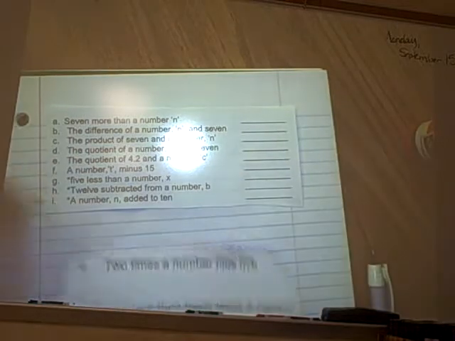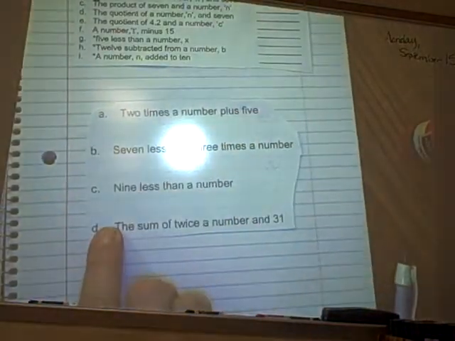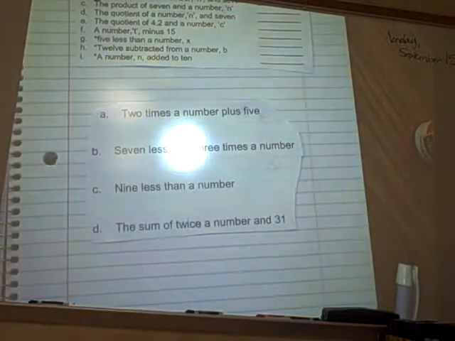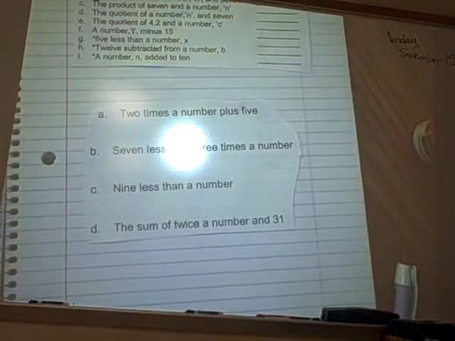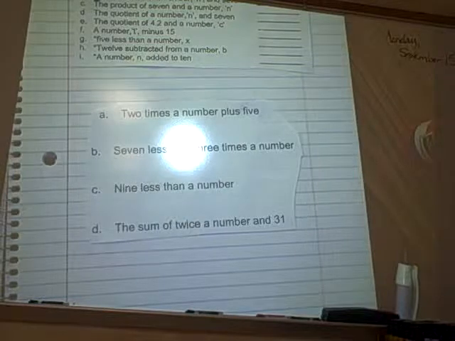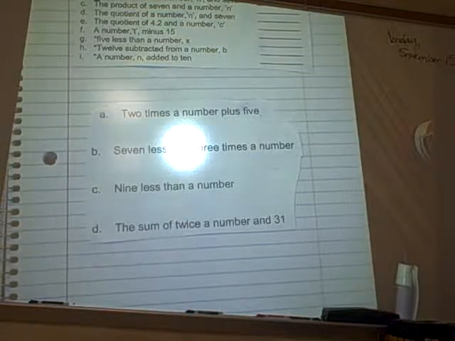Which one do we cut out to? The next one's going to be the A through D, the 2 times a number plus 5. You just leave a little space between the two of them.